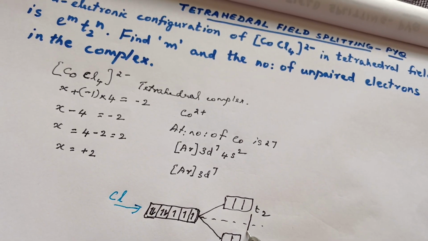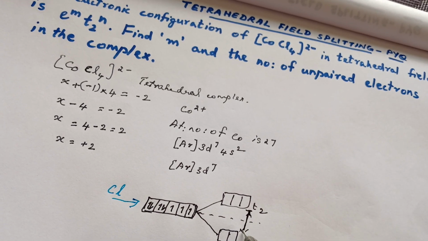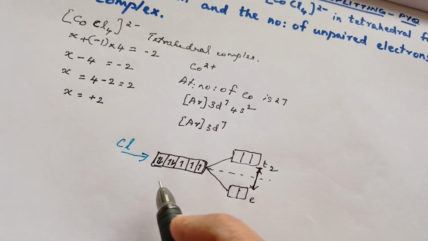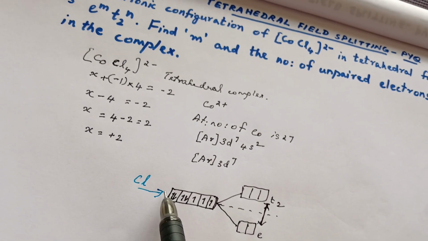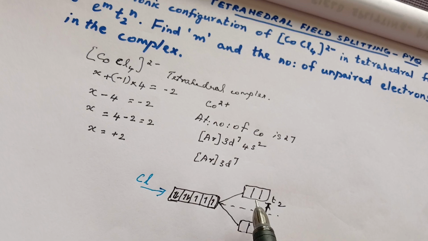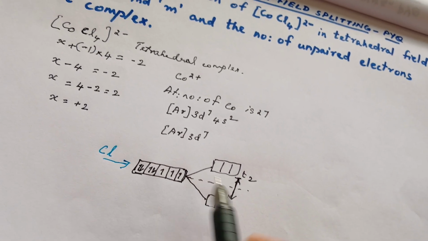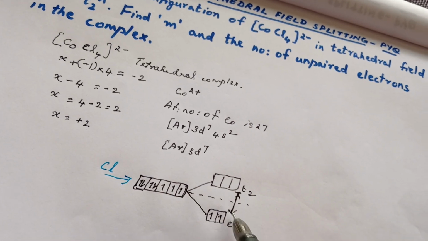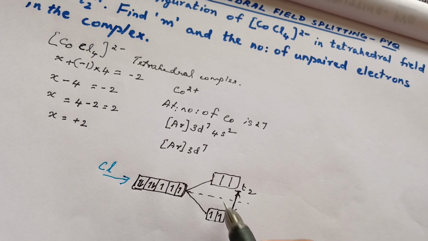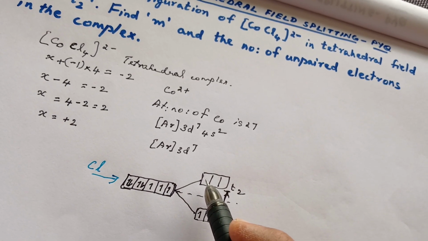The splitting energy, or the energy gap between the two sets, is small, since this is a tetrahedral splitting. It is a weak field ligand also. So we can arrange the electrons like one here, one here. Since this energy gap is small, the rest of the electrons can go to the top also.